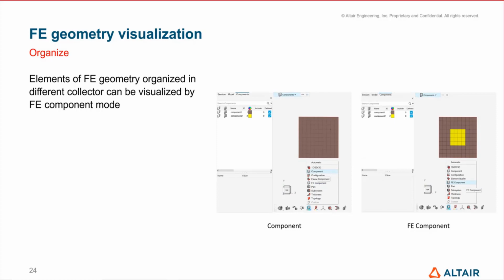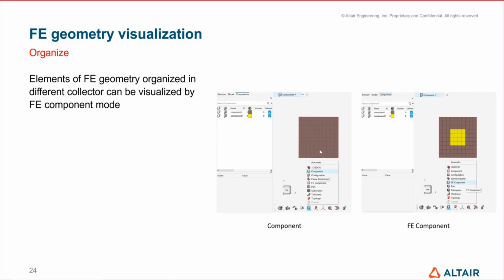So we have this new behavior where you want to organize elements from one single surface into different components. We allow the option to move elements from a single FE surface to multiple components. In this case, I'm moving a set of elements at the center of the plate to a new component, component 2.